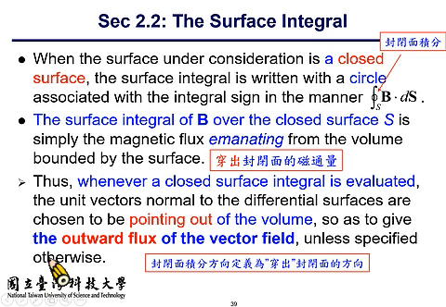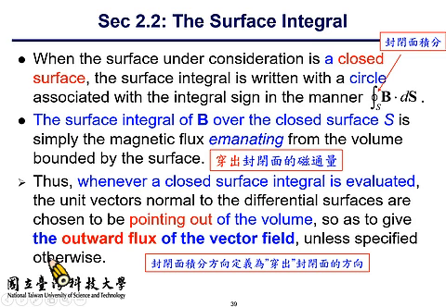On the other hand, if a negative charge is placed within the closed surface, then the summation of the flux of the electric field is a negative number. All right? So that's the difference.